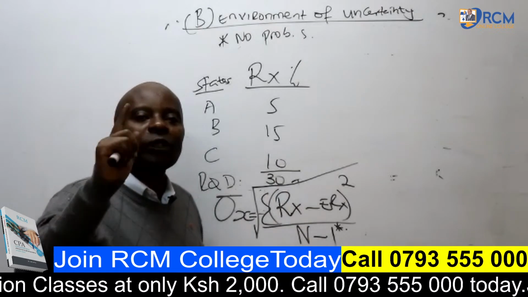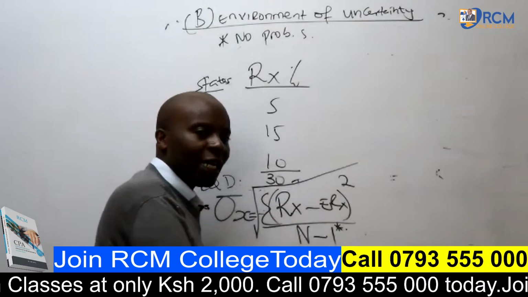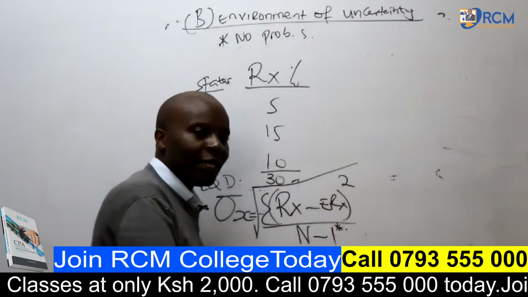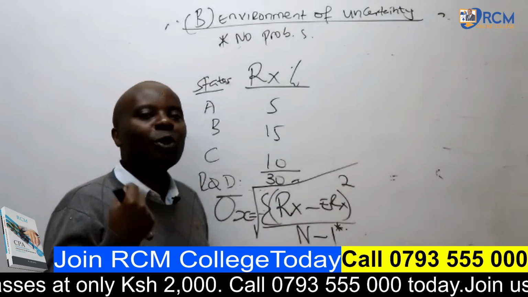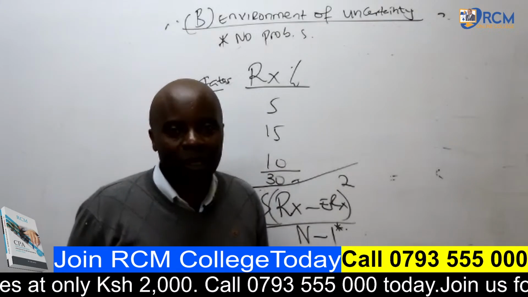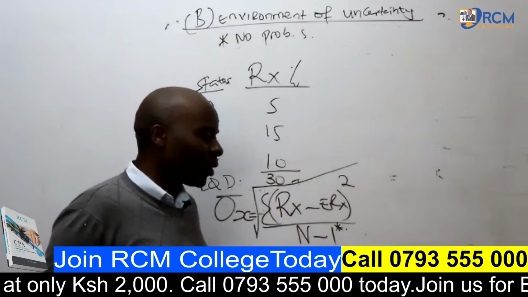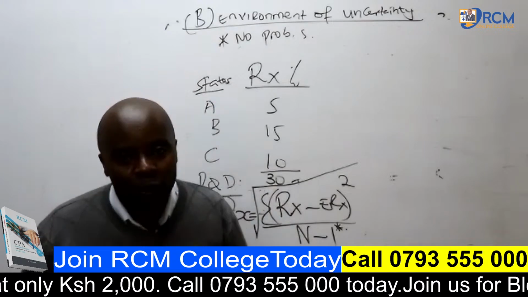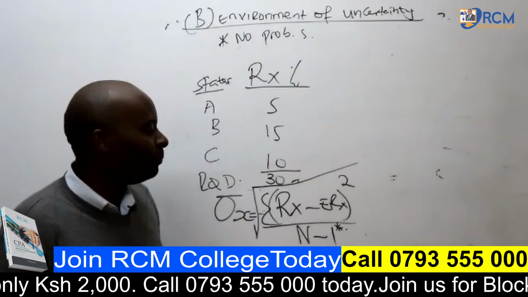Meaning that we have lost a degree of freedom when we computed expected returns. But you don't want to go to all that extent, because here we are not doing pure mathematics. Ours is applied mathematics. These guys discovered formulas for us. What we need to know is how we apply them.